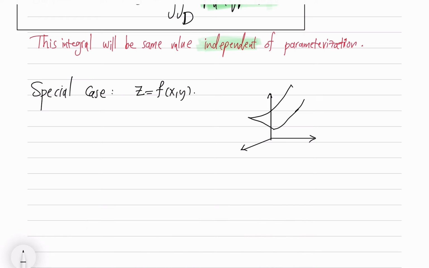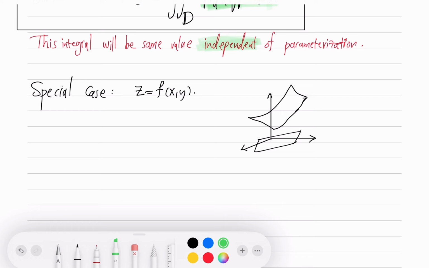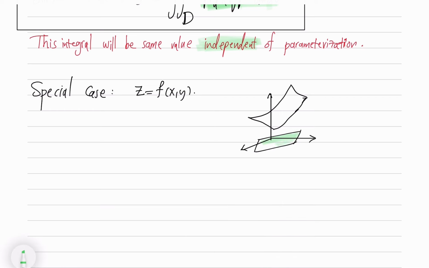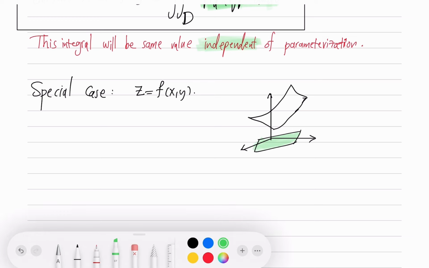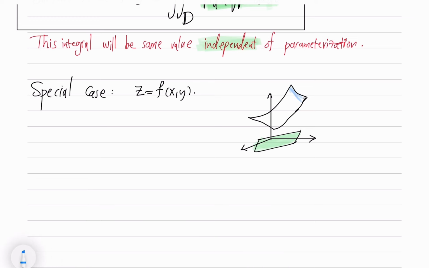You don't need a UV coordinate system. You have your surface and it's parameterized over its shadow. So if I follow my coloring of the parameterization area in green and the actual object of interest, the surface, in blue.